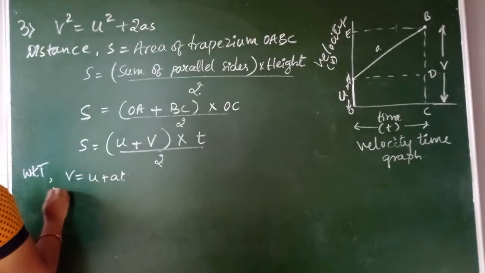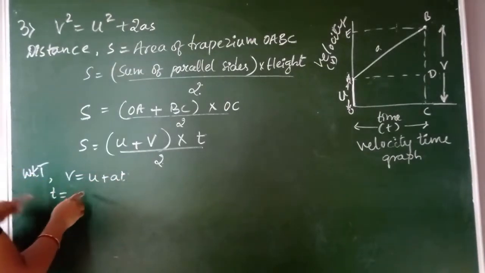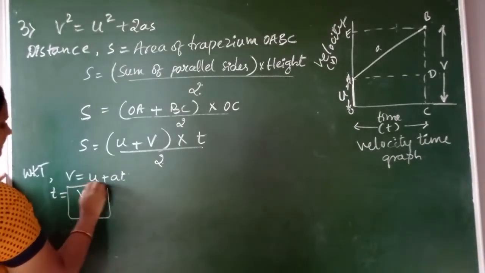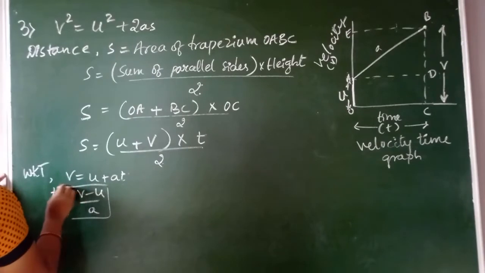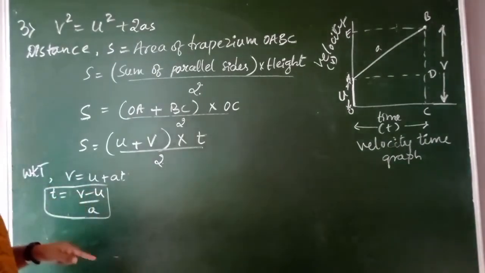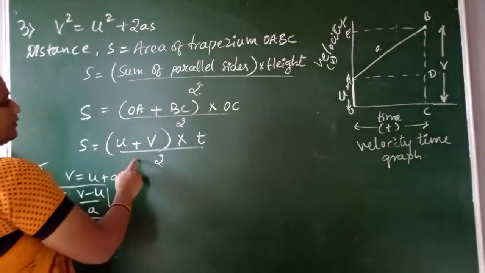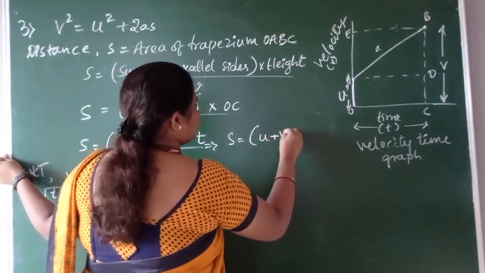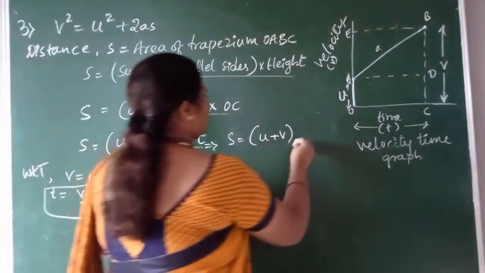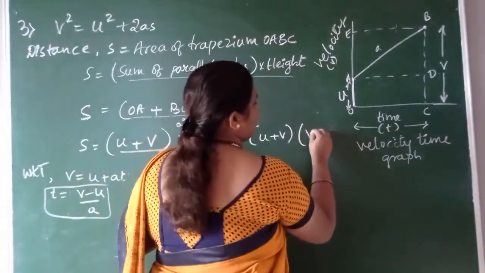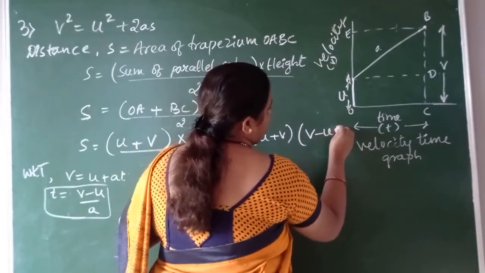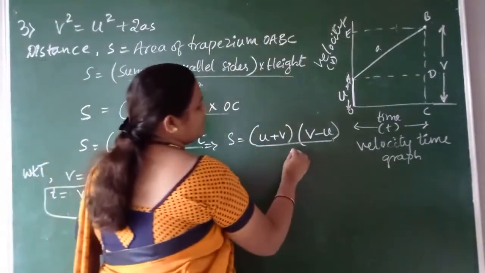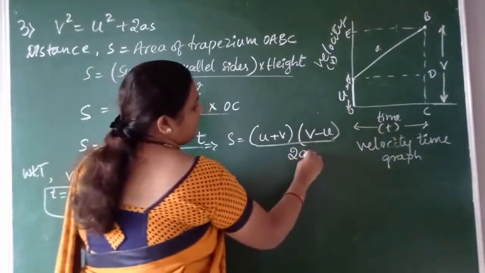In terms of T, T can be written as V minus U divided by A. Now substitute this: S equals U plus V into V minus U, divided by 2A, as A goes to the denominator.